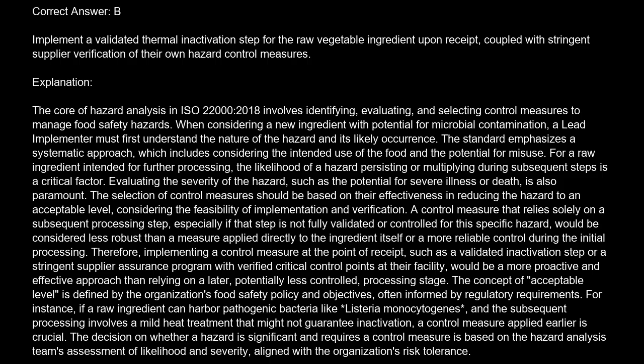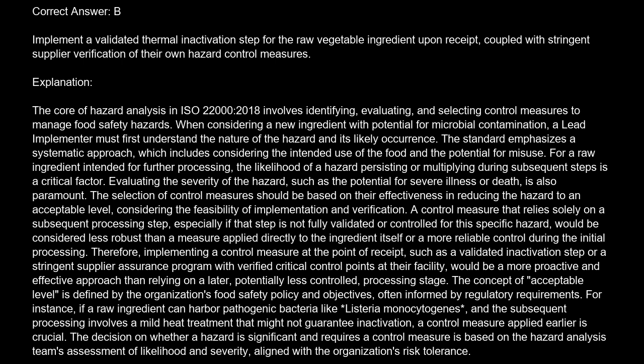Therefore, implementing a control measure at the point of receipt, such as a validated inactivation step or a stringent supplier assurance program with verified critical control points at their facility, would be a more proactive and effective approach than relying on a later, potentially less controlled processing stage. The concept of acceptable level is defined by the organization's food safety policy and objectives, often informed by regulatory requirements.